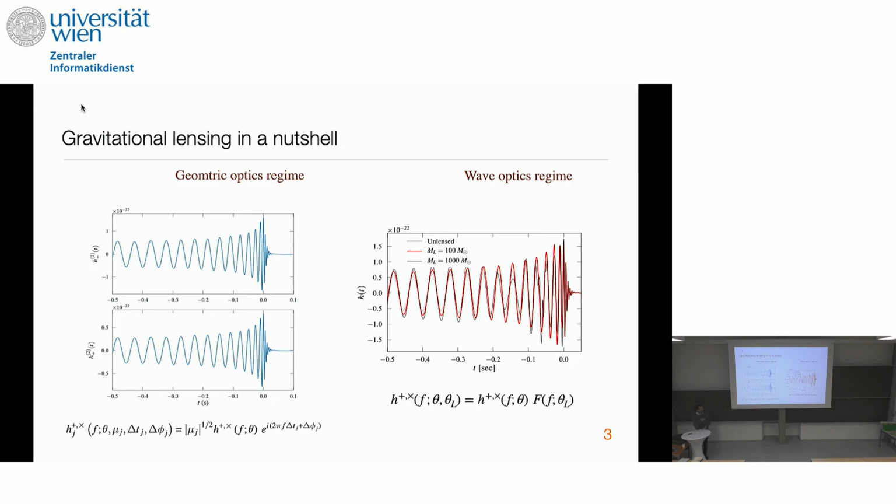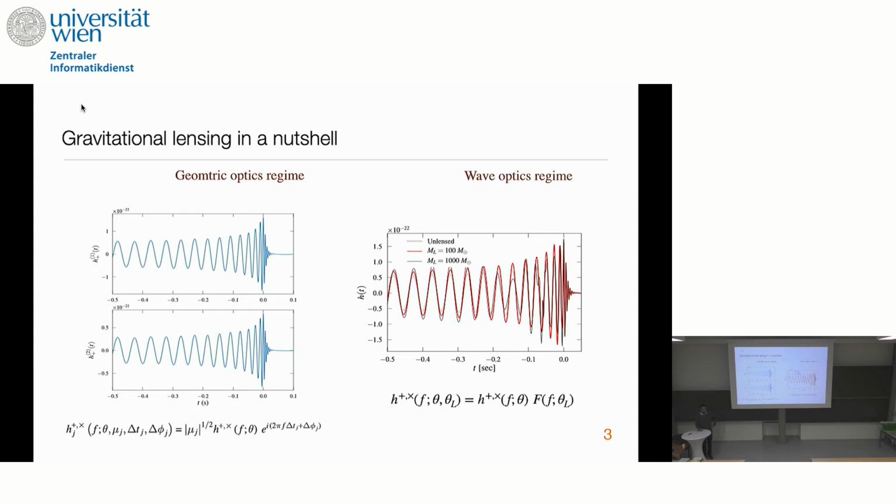But in the case of the wave optics regime, we saw similar pictures in the past few days. We see characteristic deformation in the observed signal because there are multiple wavefronts coming and interfering. Here, for example, the gray line is the unlensed, usual chirping binary black hole merger signal, while the red line shows the resulting lensed waveform, which is micro-lensed by a small compact object of 100 solar masses or 1,000 solar masses.